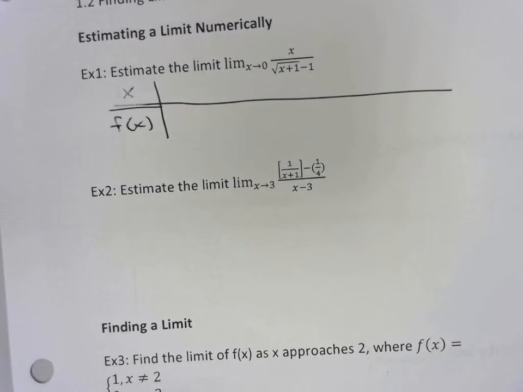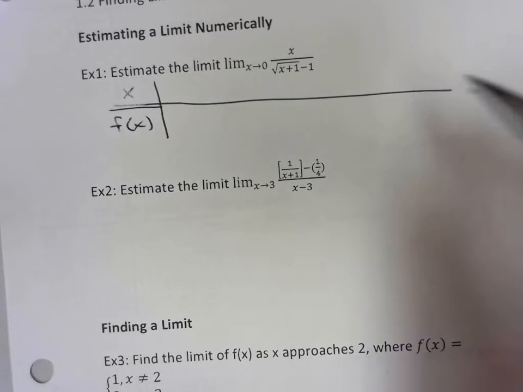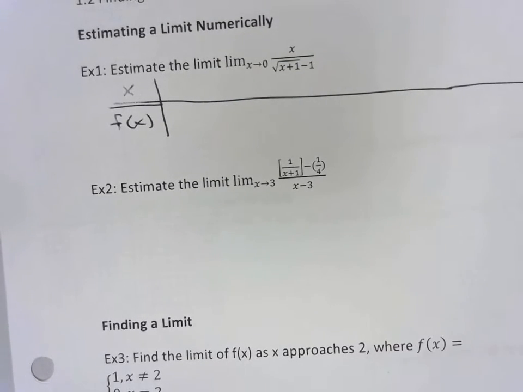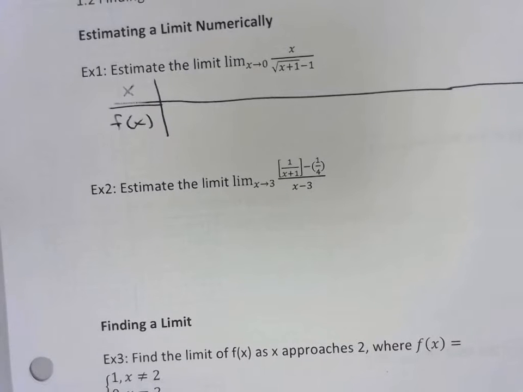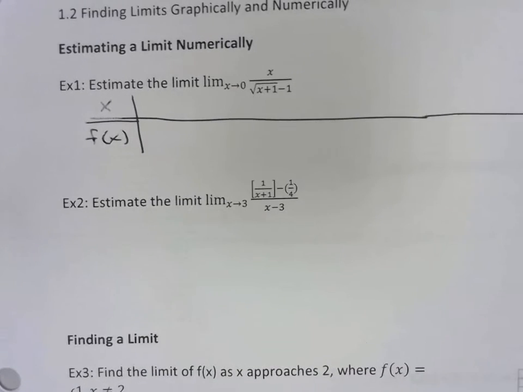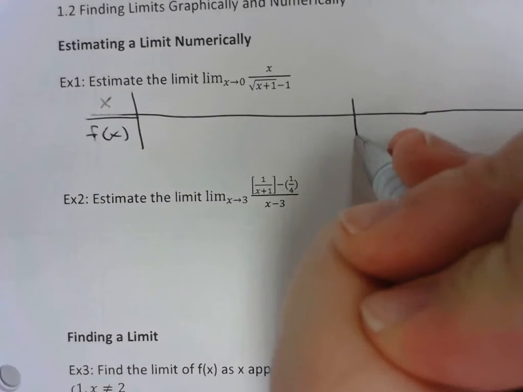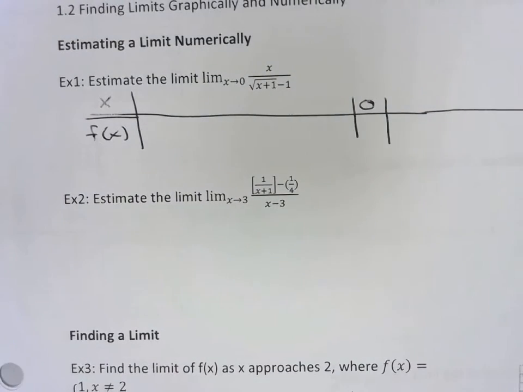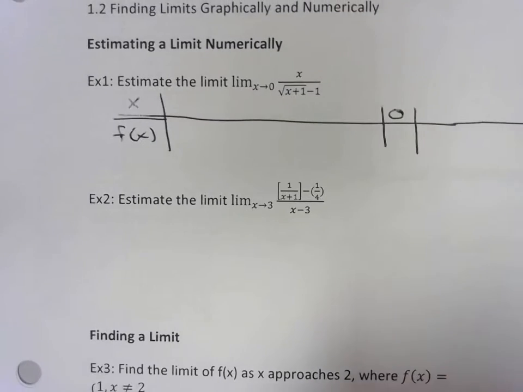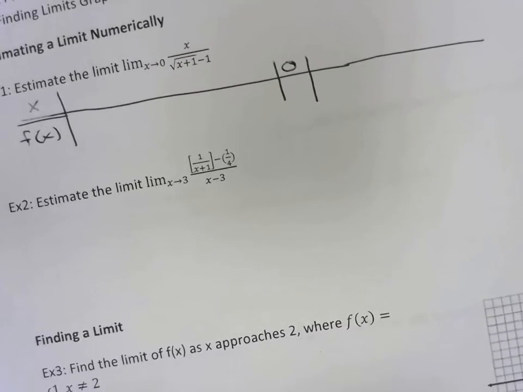I'm choosing values to approach 0. Now I don't necessarily care what my values look like at 0, and that's a little confusing, but I think the graph will help with that. I want to know what my y values approach as my x values approach 0.